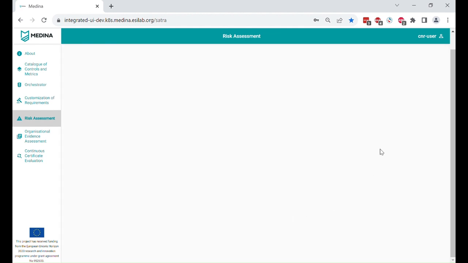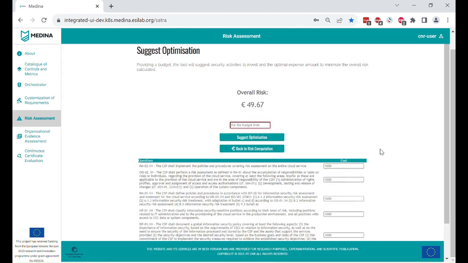By clicking suggest optimization, they could get support. This is not an obligatory tool. This is something that the user could use in order to plan their effort.